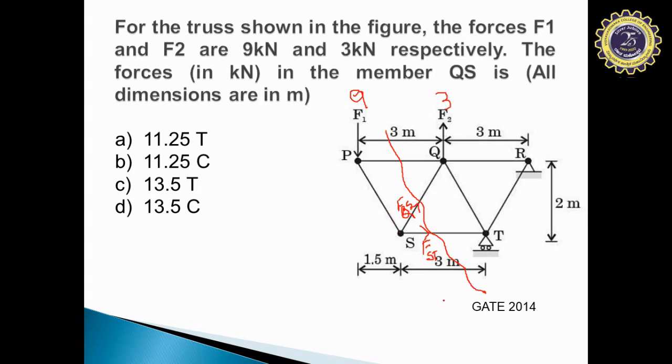These are the two forces which are unknown to us, and this is an angle that we need to find because this is an inclined force. In order to find the angle here, we still have a triangle. We can draw a perpendicular bisector here. This will be 90 degrees, and since this is 3 meter, what will be the distance here?